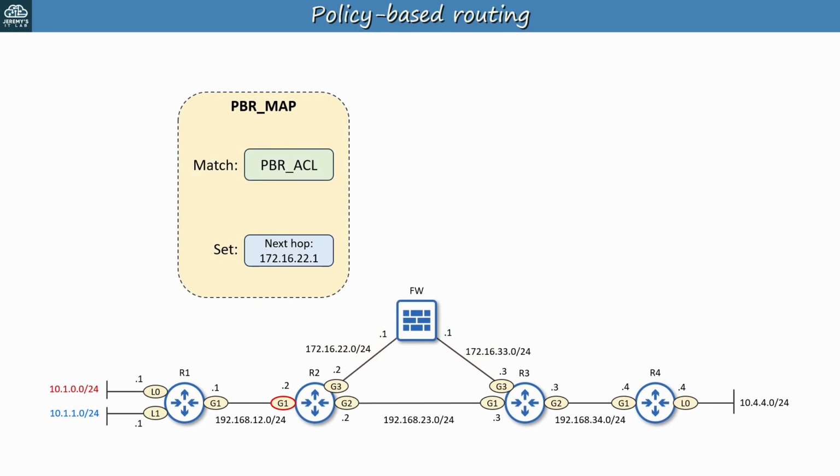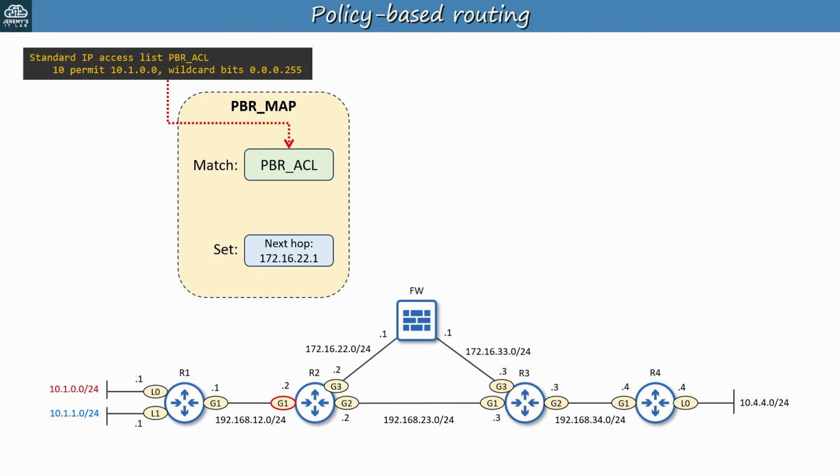Let's see how this route map fulfills the requirements given a couple of slides ago. First, here is what PBR ACL looks like. A standard ACL matching source IPs in the 10.1.0.0/24 subnet. These are the packets that should be policy routed. So what happens when R2 receives a packet from 10.1.0.1, which is R1's loopback0 interface?